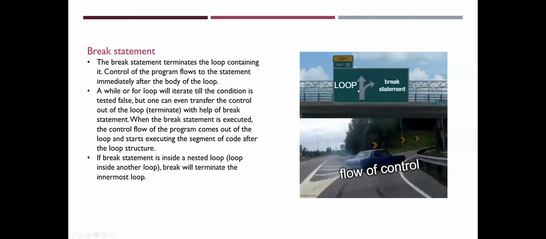If we have given a break statement in the loop, the break statement will terminate the loop and get out of the control. This is how the break statement works. Is that clear?